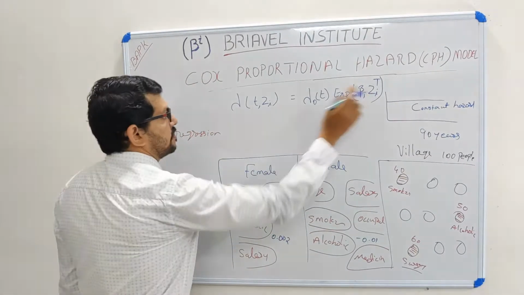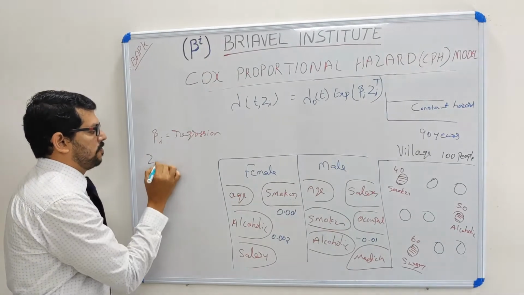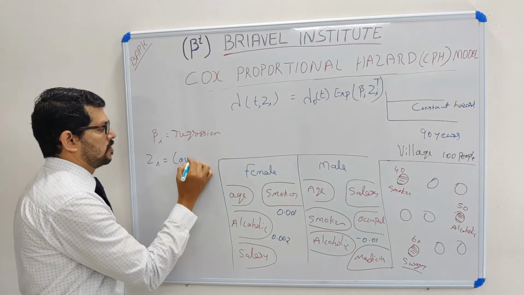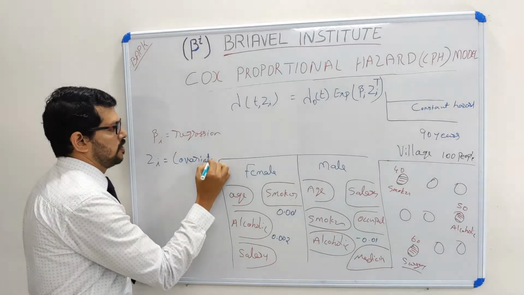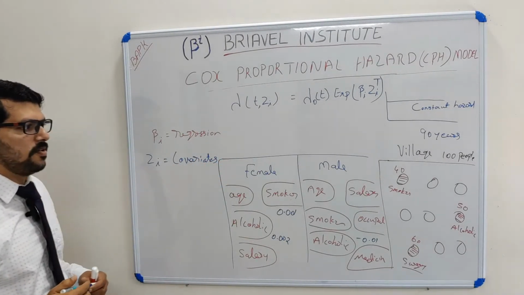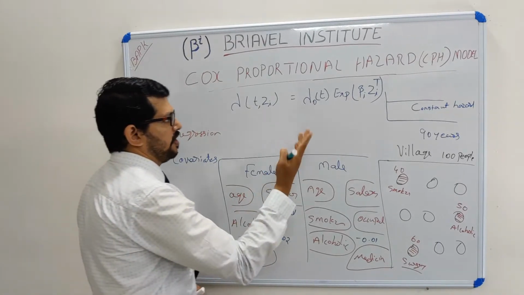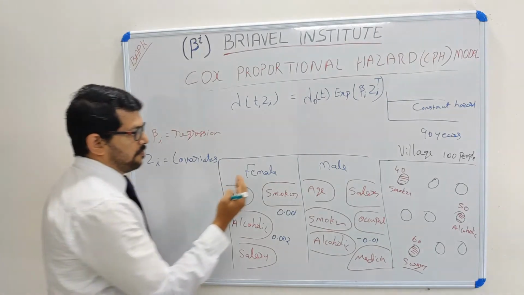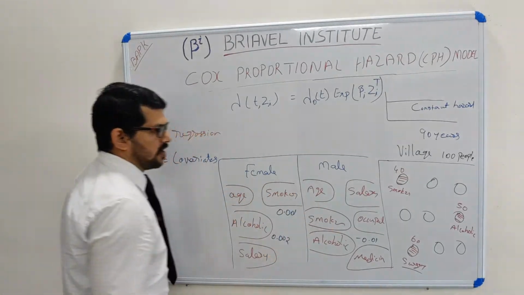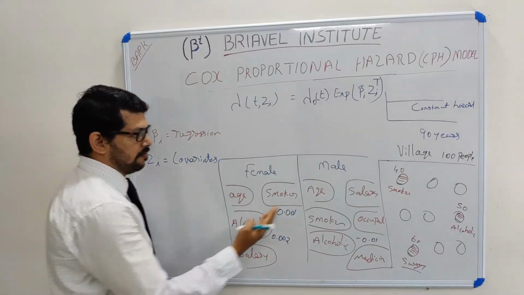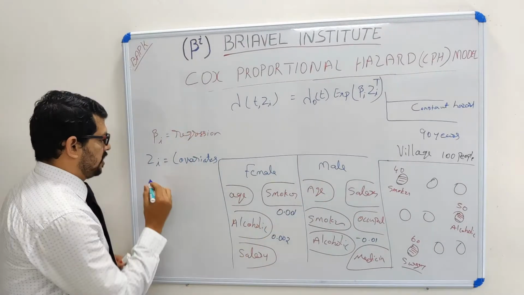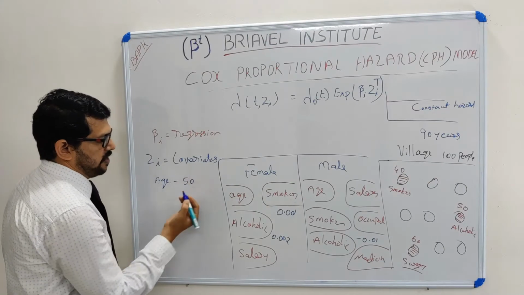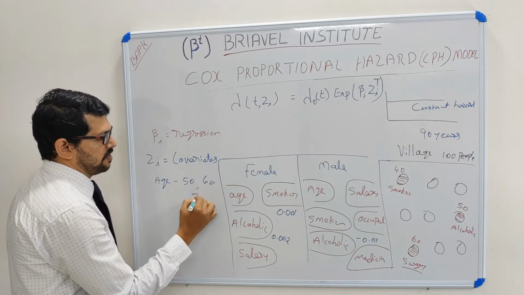Second is covariates. How to take a value of covariates? So Z is a covariate. All these factors are covariates. How to take a value? If it is smoker or non-smoker, how do we take a value? We don't know. But if it is age, I can take the age: 50 or 60 or 70.